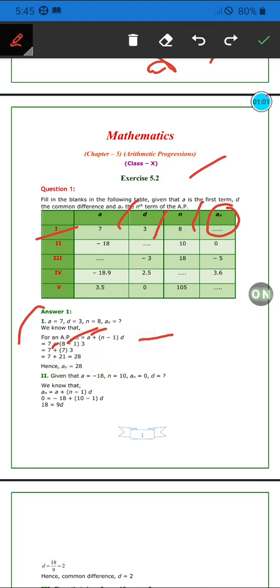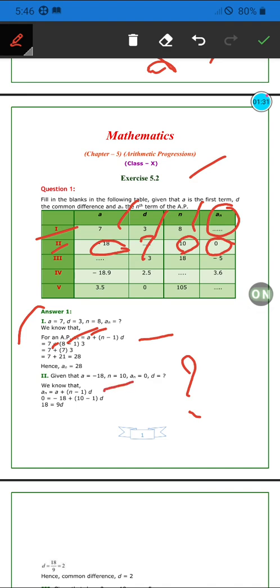Next, the second question. Here the first term a is minus 18. d is not given, so we have to find d. The number of terms n is 10, and the nth term is 0, which means the last term is 0. So we have to find the d value.